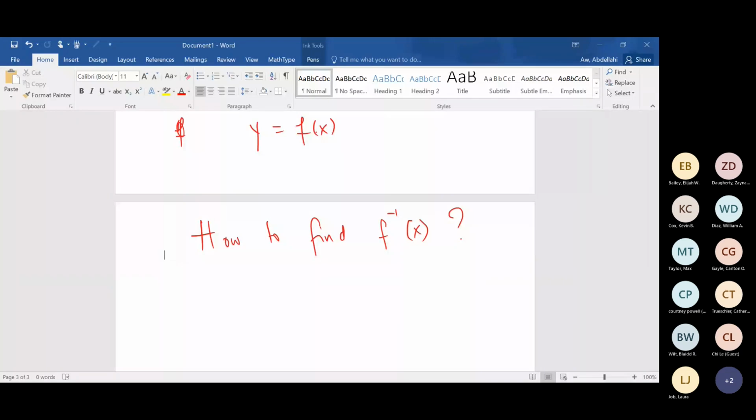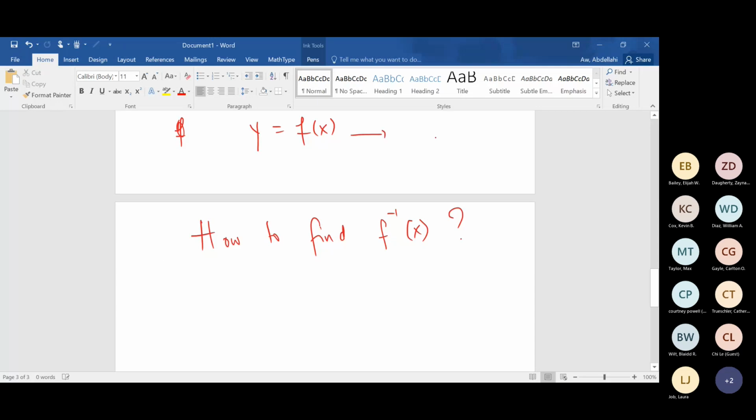Y here is a dependent variable. Y depends on x. What is the process of finding the inverse? Which variable do we have to manage to get by itself now? For the inverse, we have to manage to get x by itself, you see? And that is the whole process of inverting a function.